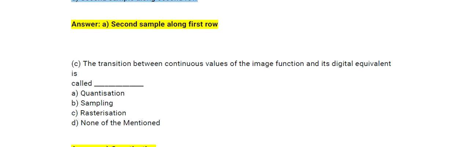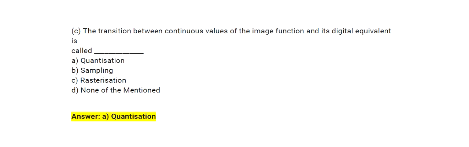Obviously, that is our quantization. Do remember the classes when I was discussing quantization. We are talking about the continuous values of the image function and its respective digital equivalent. So that is the technique of quantization. So option A is the correct answer.